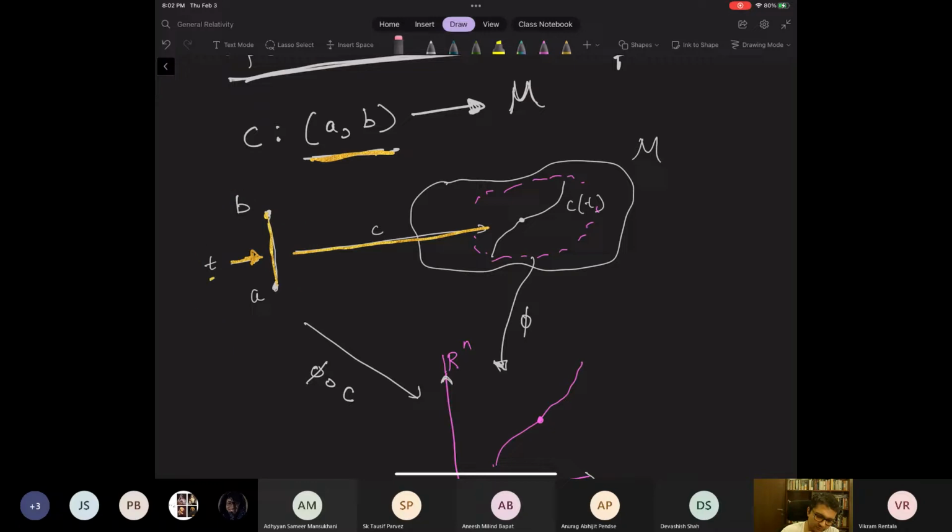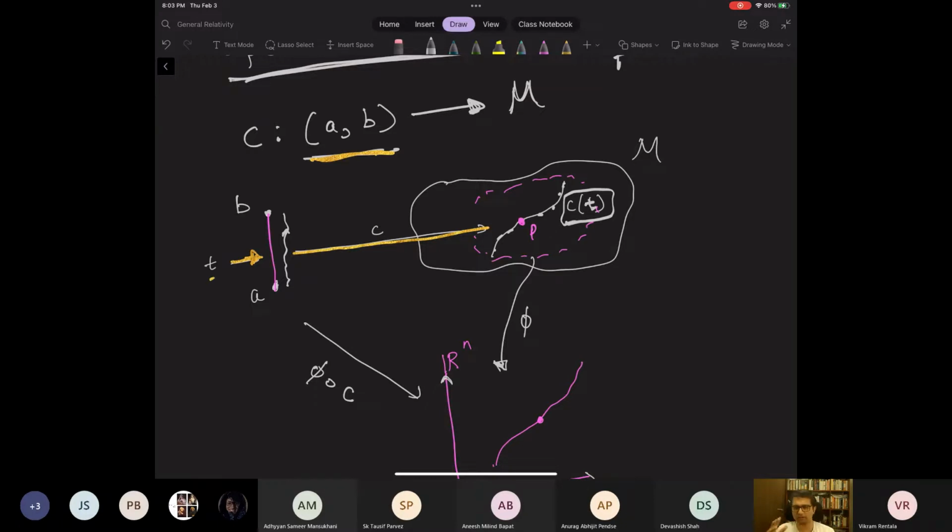Sorry, there's no manifold here; the manifold is just this open line segment. C takes me to a point which I'll denote P. As I vary T from A to B, I get different points in the manifold M. So this gives me a curve C of T.